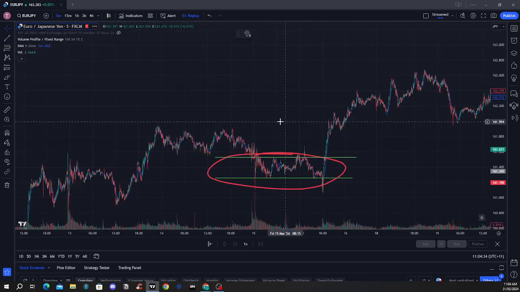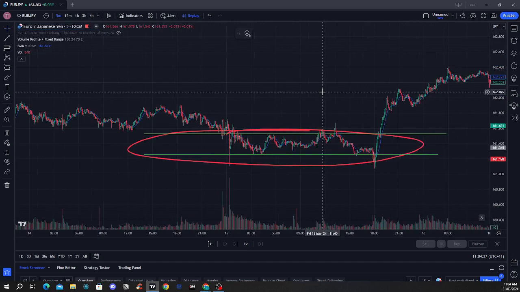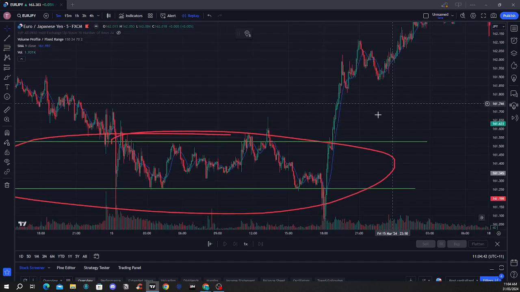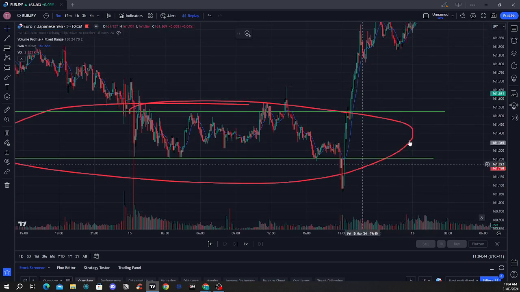And in this case, I can basically already see, even though we have the components of a fairly decent accumulation, none of the major signs of strength, apart from this.